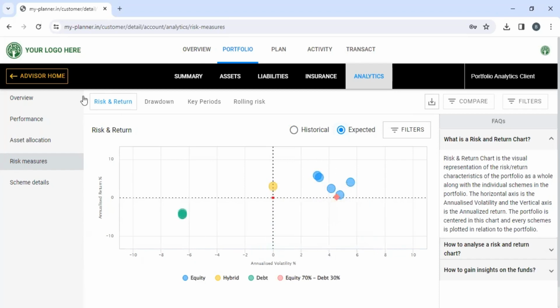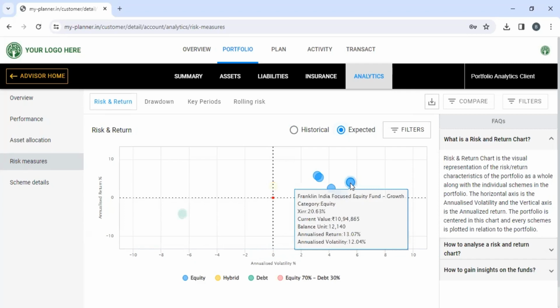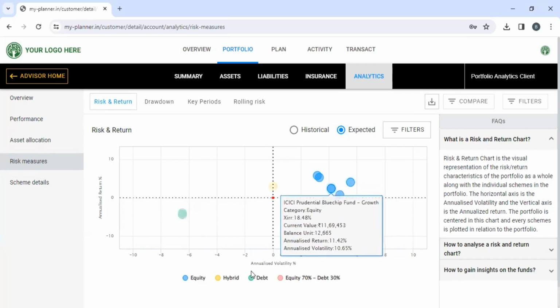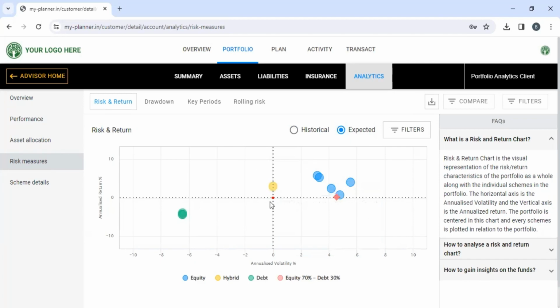So this gives an expectation: this particular portfolio with these many risky schemes, each having different risk return characteristics, in this particular proportion, will have an expected risk reward of this much.